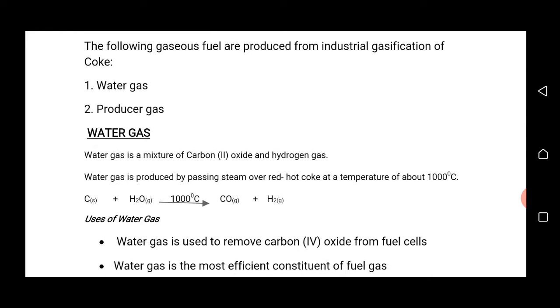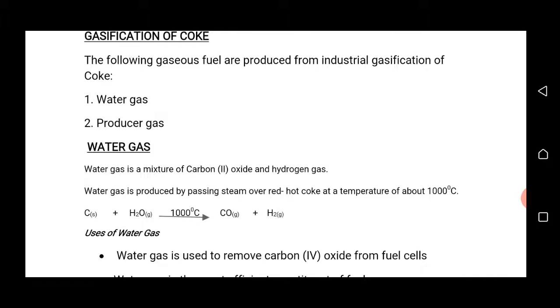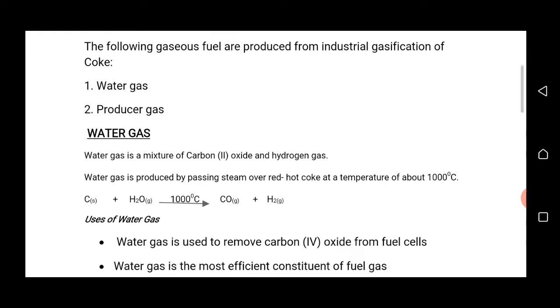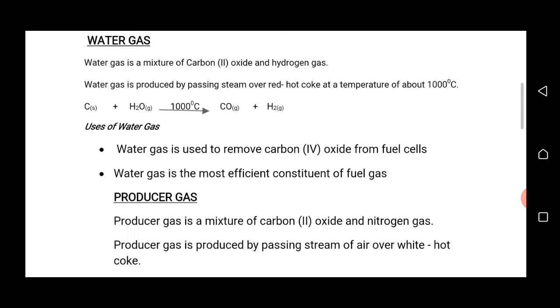One is water gas, the second one is producer gas. So in your final exam, when you're asked to mention two gaseous fuels produced from coke, the answer is water gas and producer gas. What is water gas?